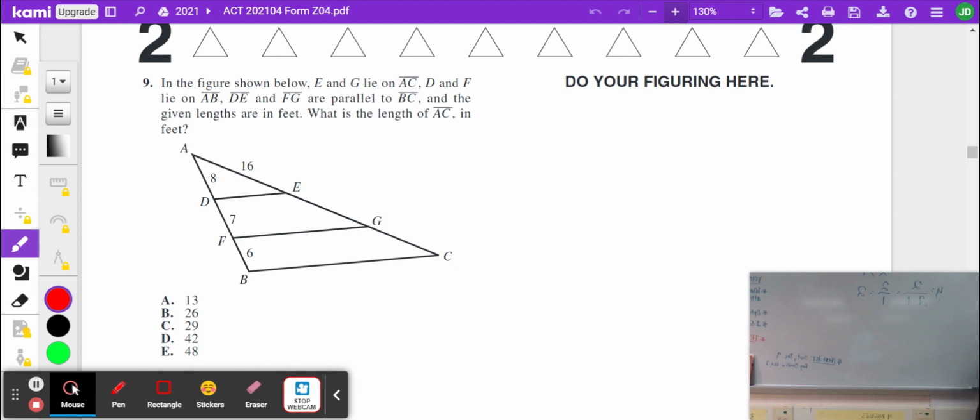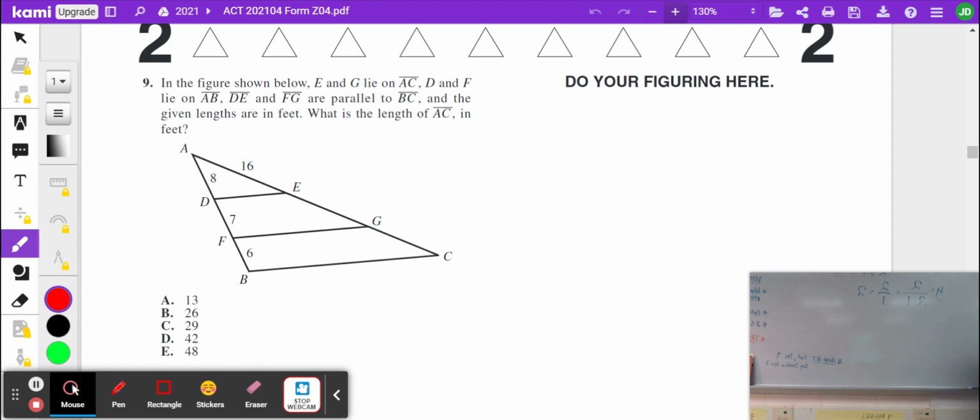Opposite this side is angle B. Opposite this side is angle C. So I know angle B and angle C are equal. How can I figure out what those two angles are if I know that angle A is 58? What do the three angles of a triangle add to? 180.